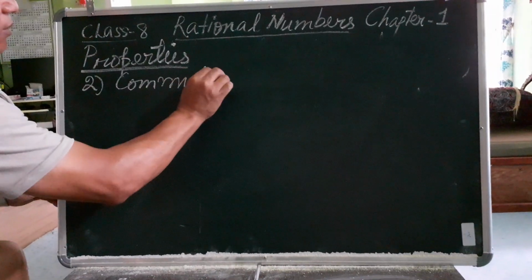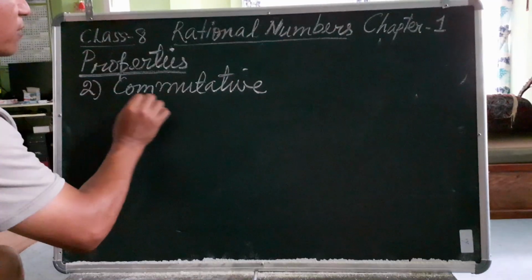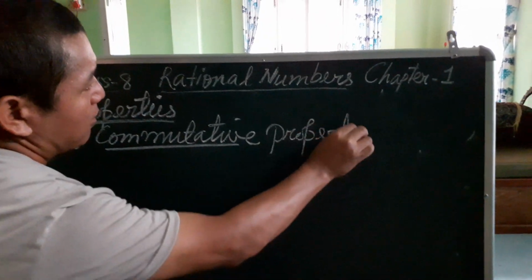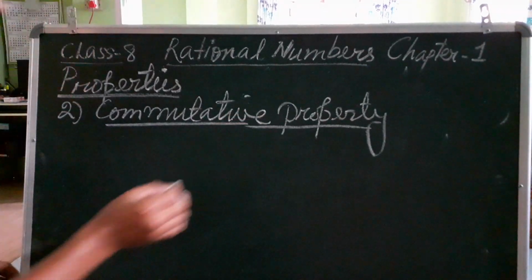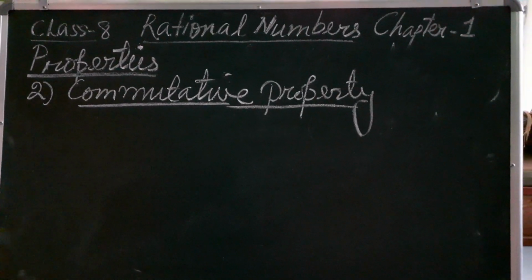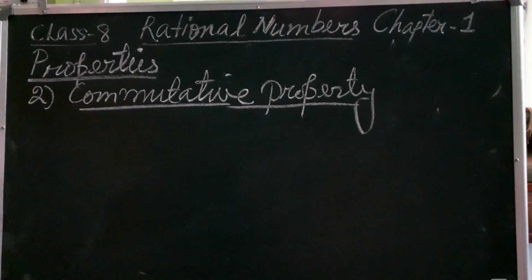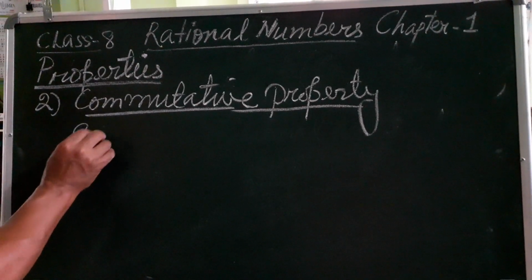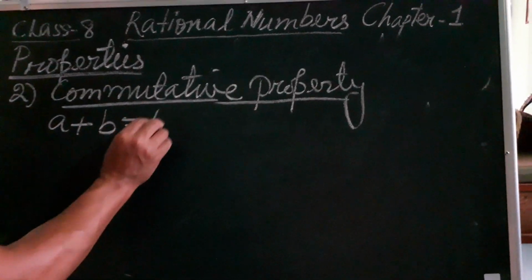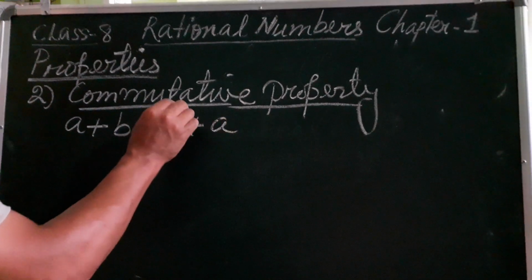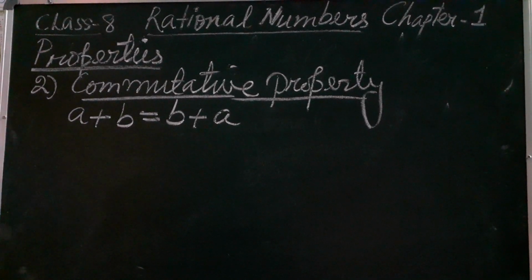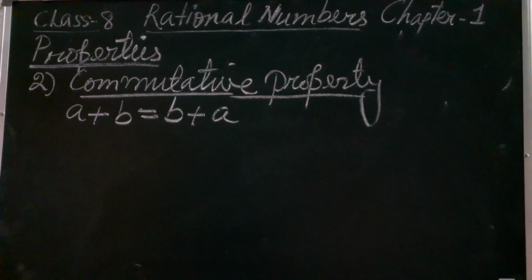The next property is commutative property. If a and b are two rational numbers, then a plus b is equal to b plus a.